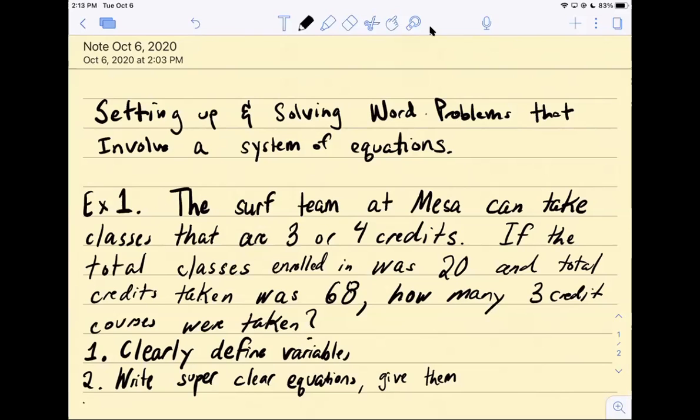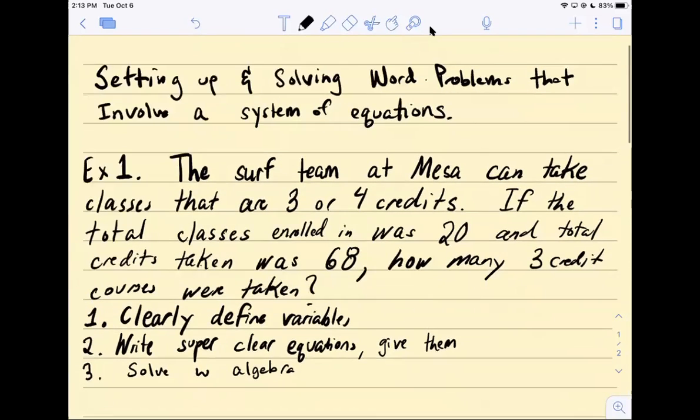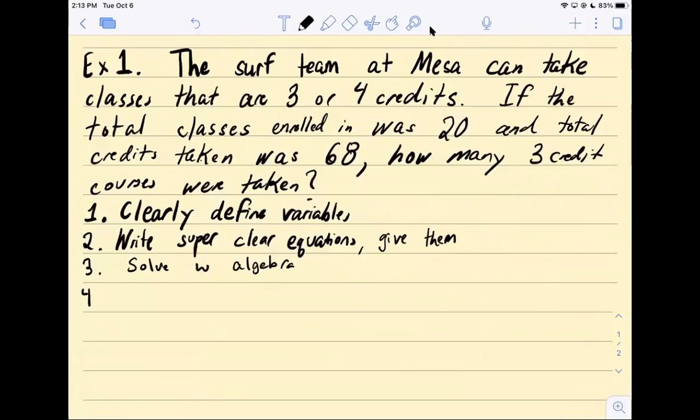And step 3 is to solve with algebra. And step 4 is to check, do an insanity check. Like, does this answer make sense? So plug in, or ask yourself, is it reasonable?